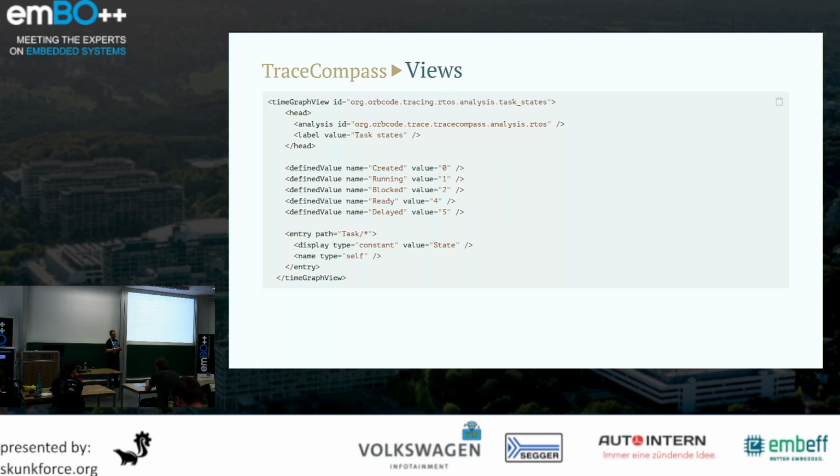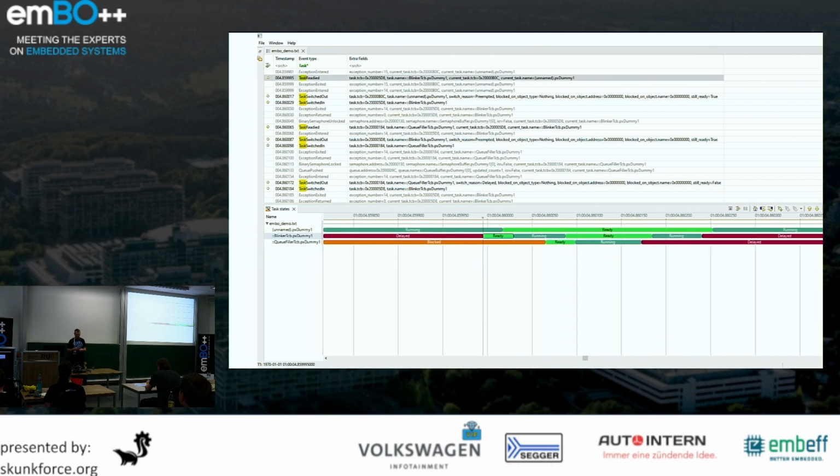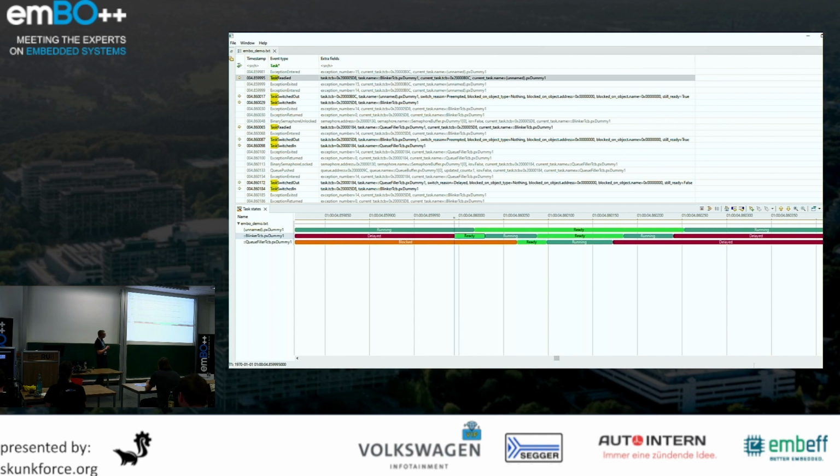It will display the value of the state node under the task and use the name of the node itself for the label. And as states are saved as numeric values, we can define human-friendly names for these numbers. And here we got a bit nicer view with the summary of task states over time, matched to the events. As you see, there is a switch to the ready state for some task, and exactly the task ready event is selected.